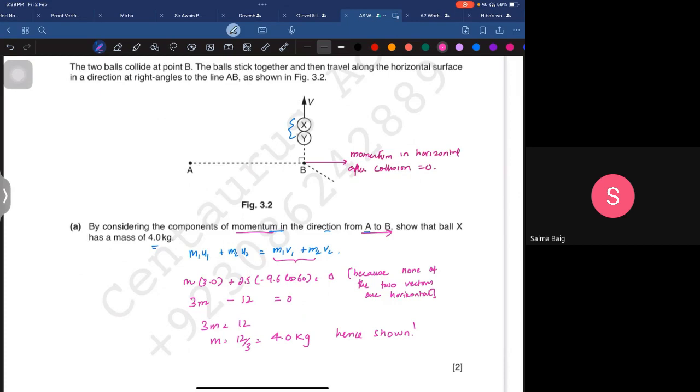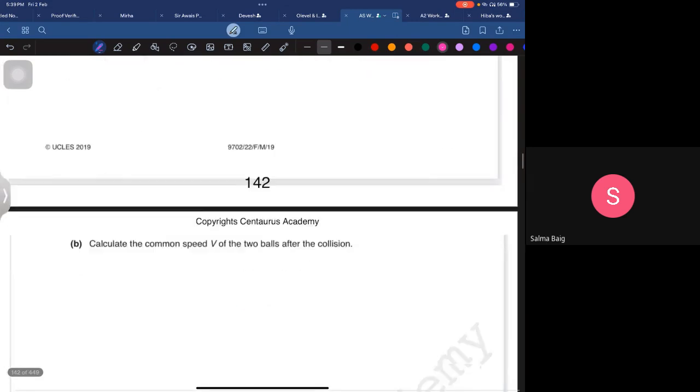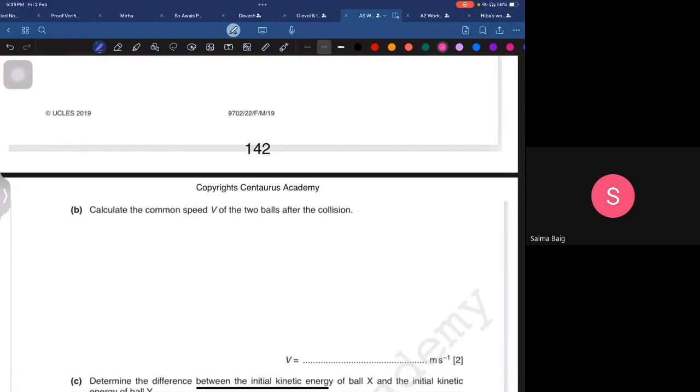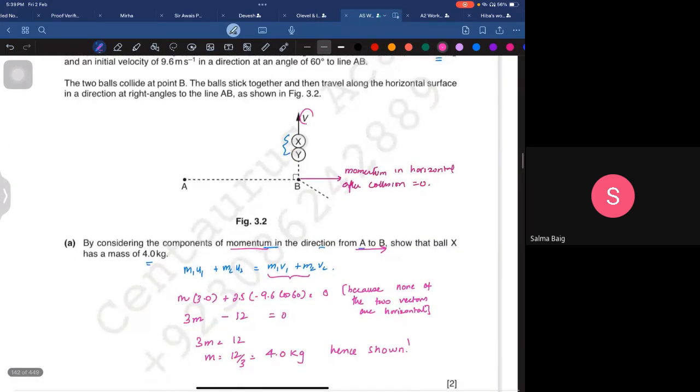All right, now let's go to the next part. In the next part, it says calculate the common speed of the two balls after the collision. So they're saying calculate this speed. First question you should ask yourself is what is the direction? Is it vertical or is it horizontal?